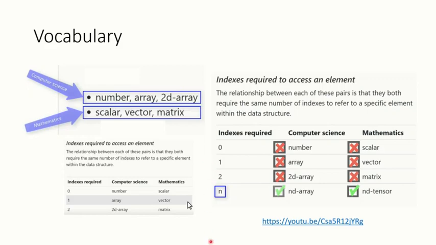In computer science, people say number array, 2D array, ND array. In mathematics, you have scalar, vector, matrix, or tensor. Same terminology, and you can use them interchangeably based on the field.